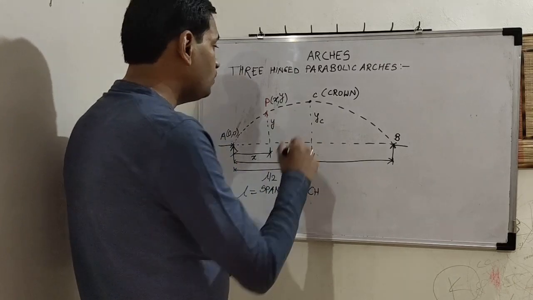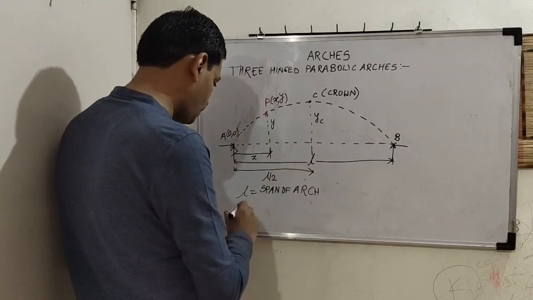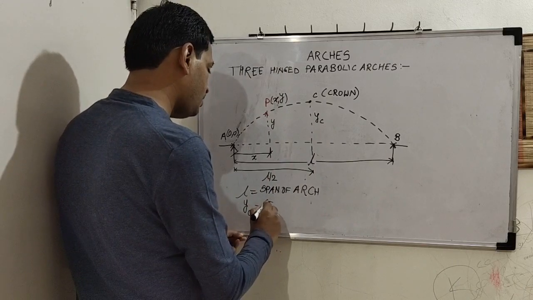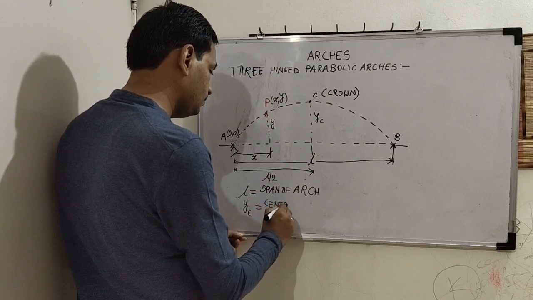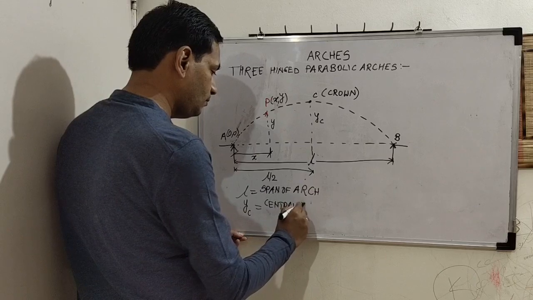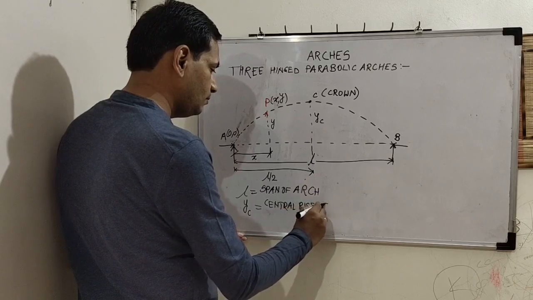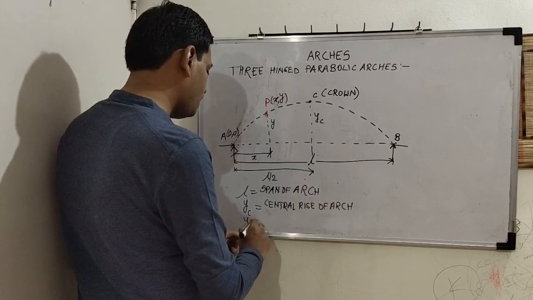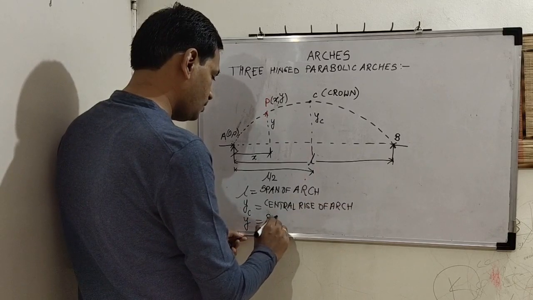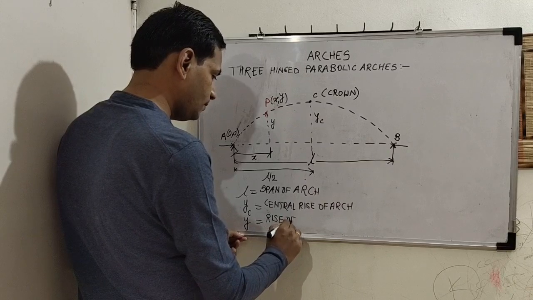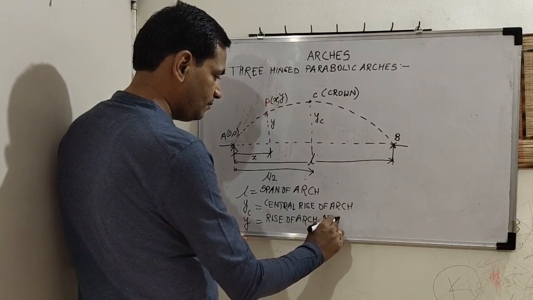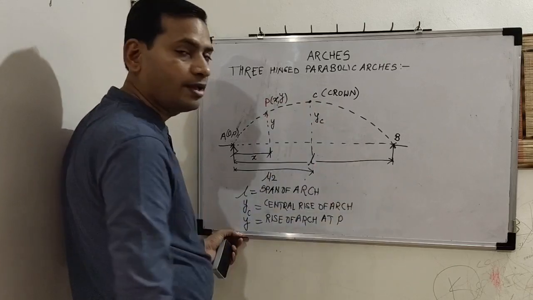And there are 2 y coordinates. One is YC. What is YC? Central rise of the arch. And what is Y? Rise of arch at point P whose coordinates are x and y.